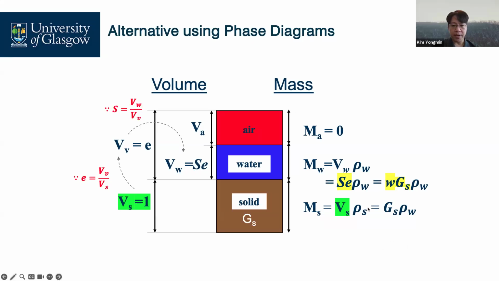So let's take a look at the mass. The mass of soil is Vs rho s, which is the soil particle density, right?